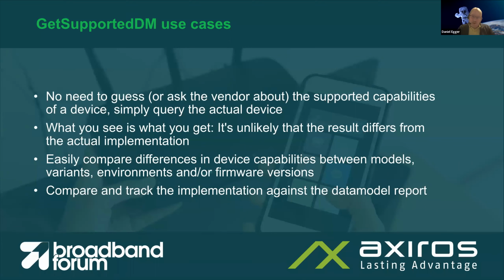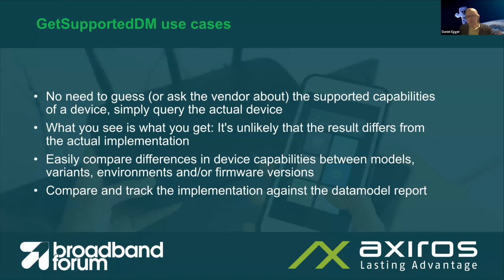It also allows you to easily compare differences in device capabilities between models, variants, environments, and/or firmware versions. So as I mentioned, in TR-69, you only have the ability to check the actually instantiated objects, which means that if you are in a different environment or the device has a different configuration, then you might have a completely different set of objects in that particular device with different index numbers and everything.